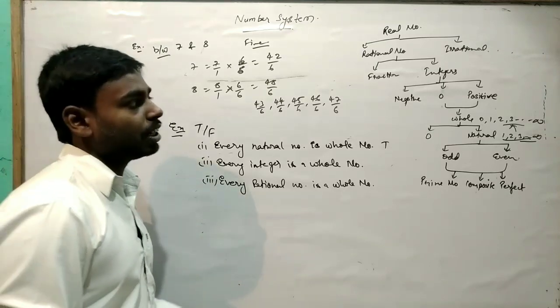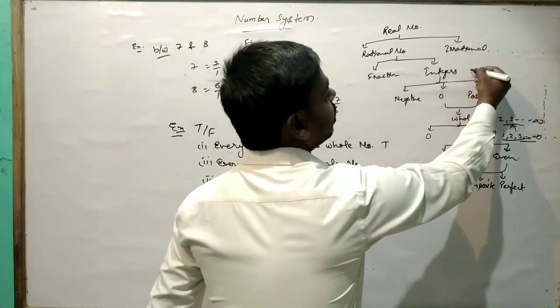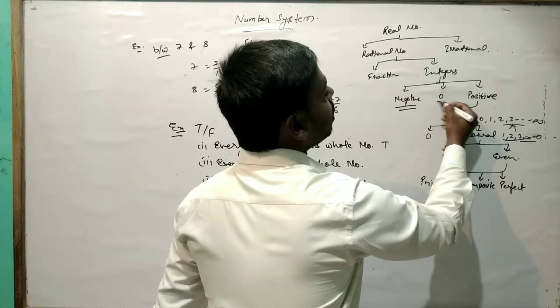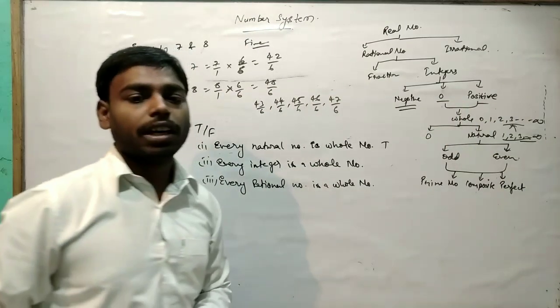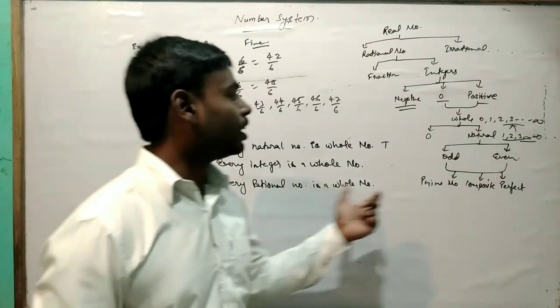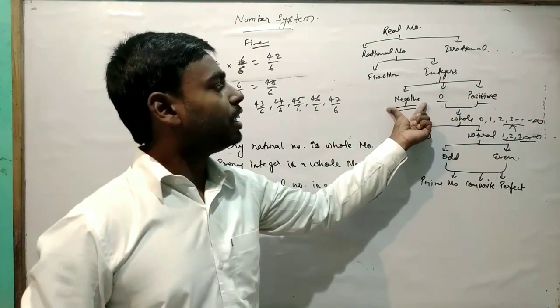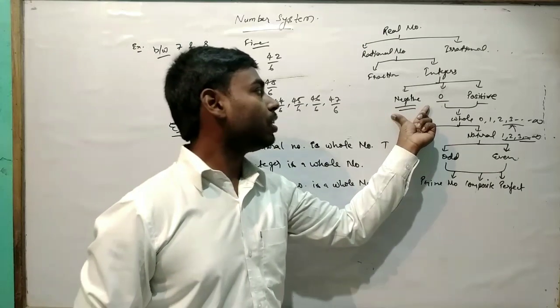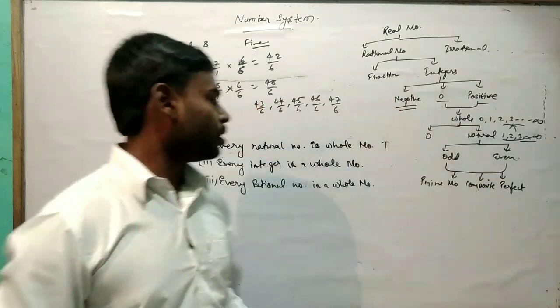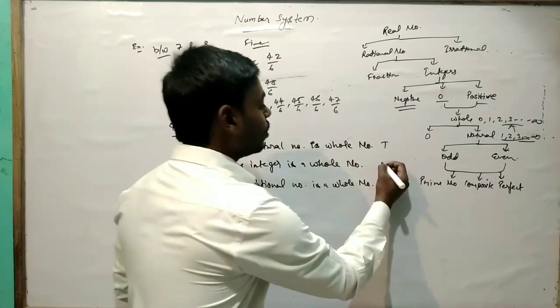Now we see what an integer is. Integers are made of negatives, 0 and positives, and whole numbers contain only 0 to infinity. But negative numbers are not contained in whole numbers. So it is false.